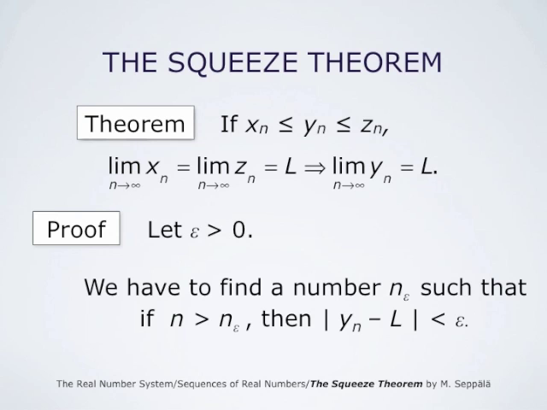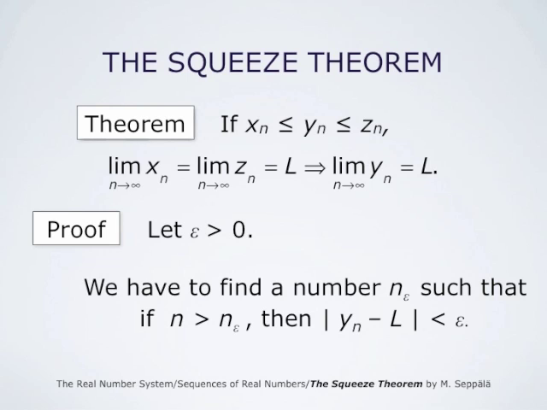And in view of the formal definition of limits, we have to find a number n epsilon, an index, such that whenever n is larger than n epsilon, then the absolute value of yn minus the limit value L is less than epsilon.